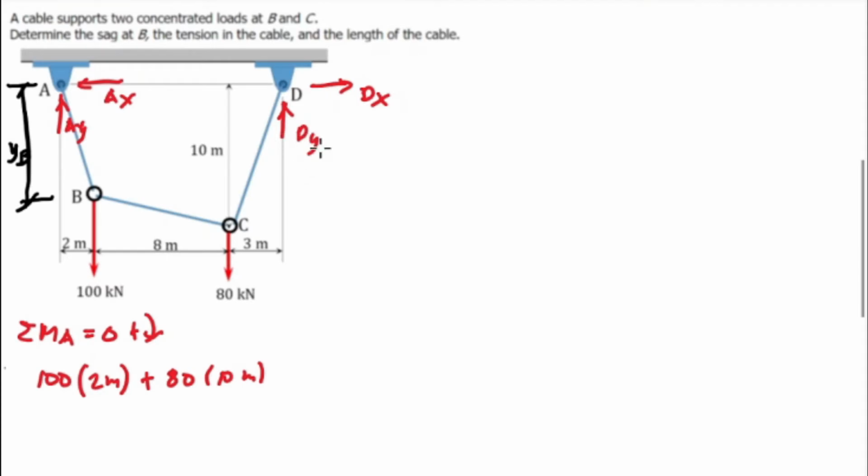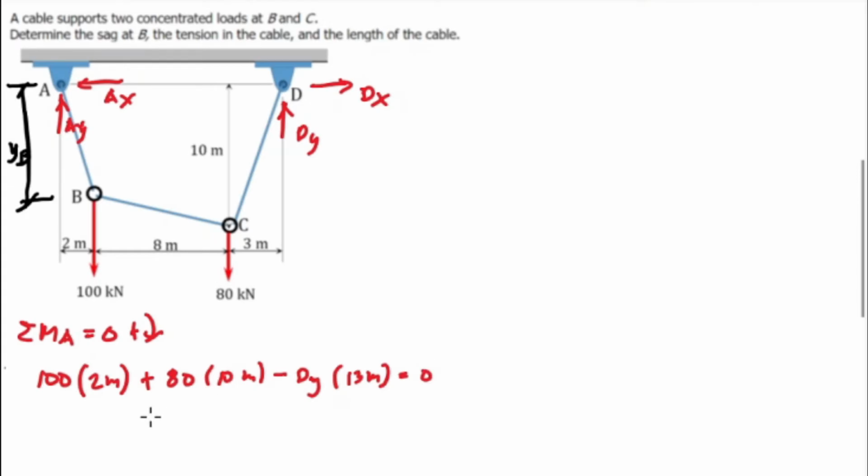And we have D sub Y, and the direction is counterclockwise, so this is negative D sub Y. The distance from D to A is 8 plus 2, or 10, plus 3, or 13 meters. And equate that to 0.